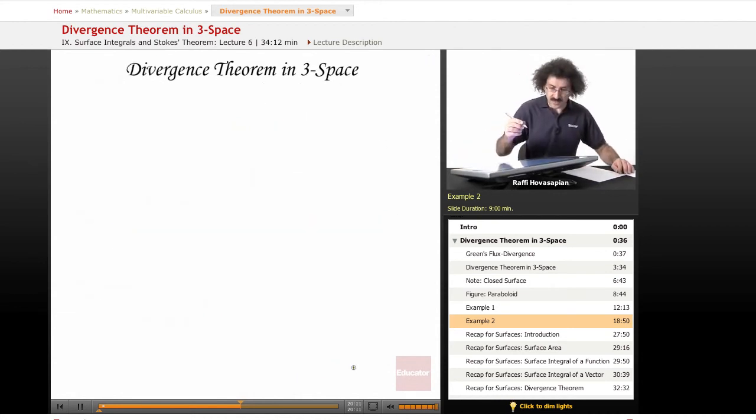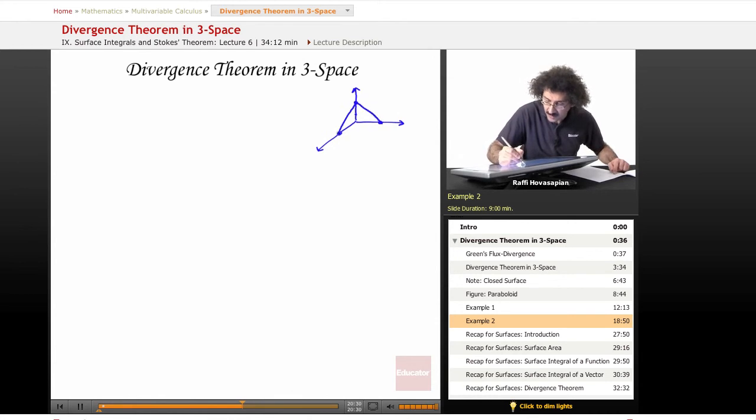It is the pyramidal region in the first octant. So let me draw it over here to give myself some room on the left. So there's that, there's that, there's that. Basically what you have is this. This is y, this is x, and this is z.